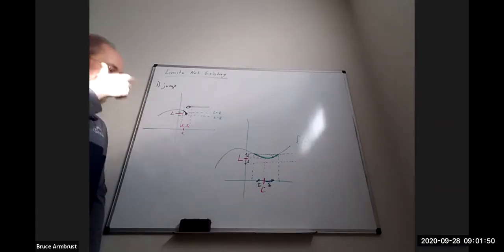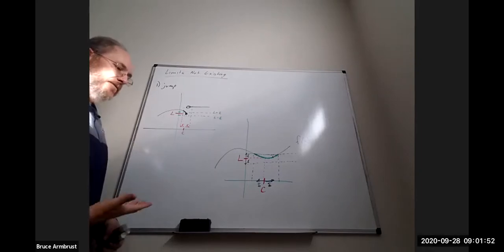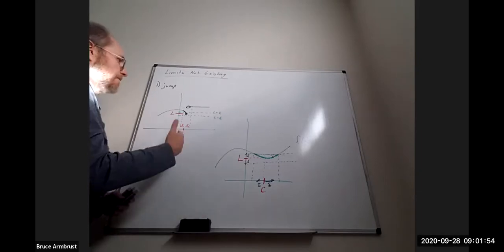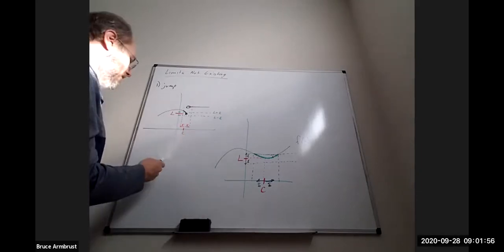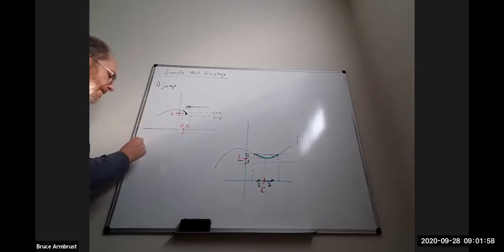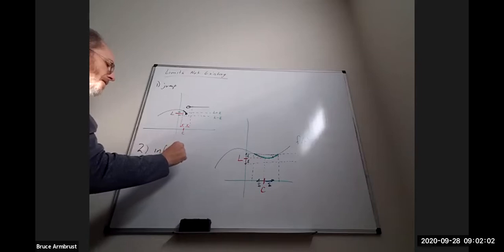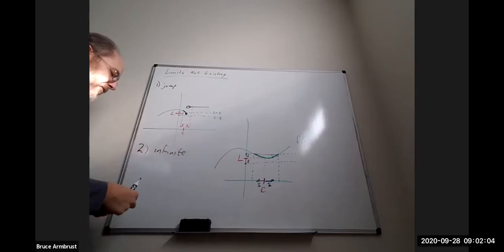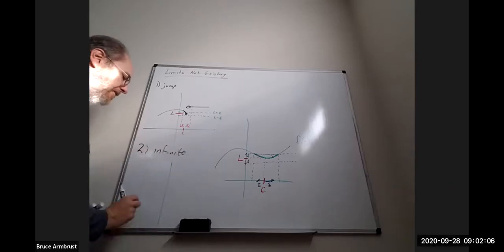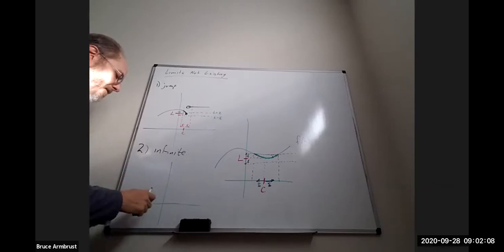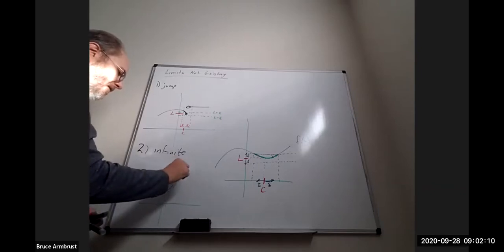Okay, so we see the same thing with infinity. Think if there was one that was infinite, right? So let me just put here an infinite limit. If I drew a graph of an infinite limit kind of issue, let's just take something that looks like this.